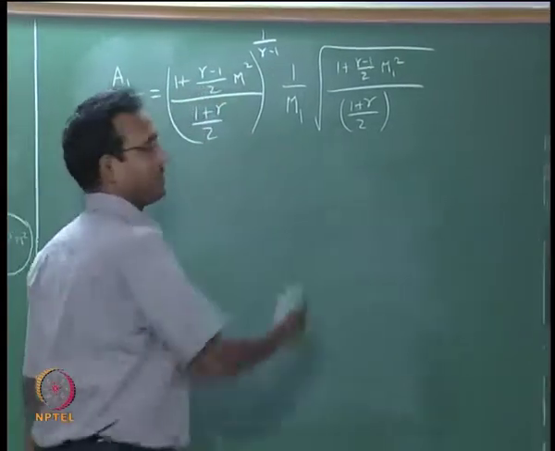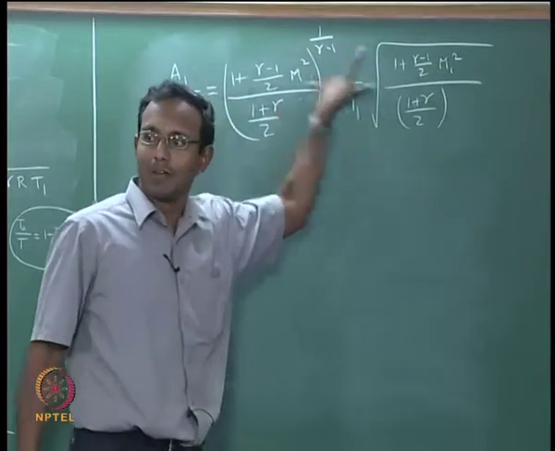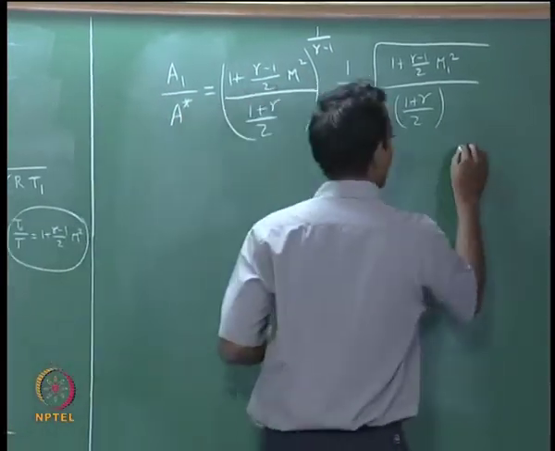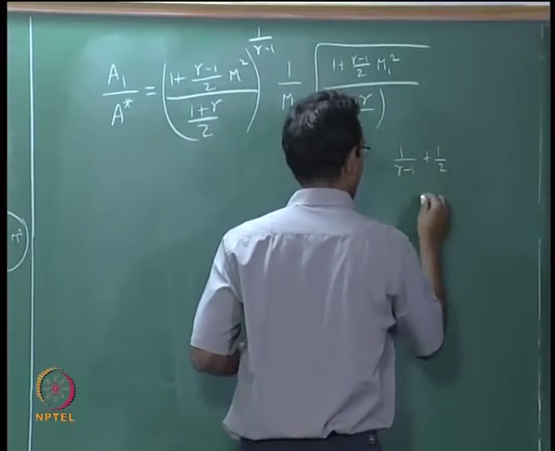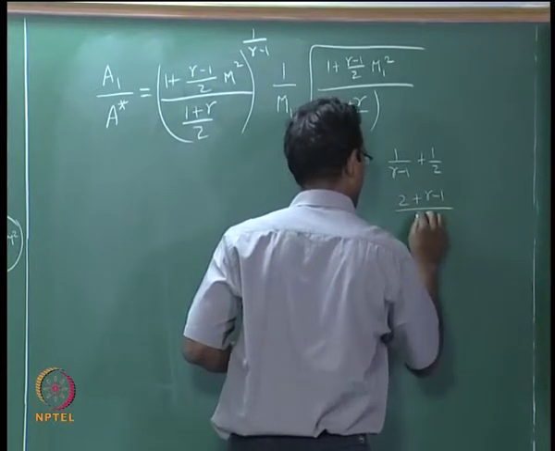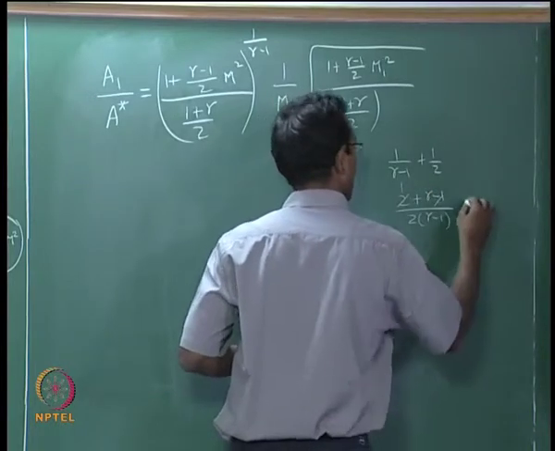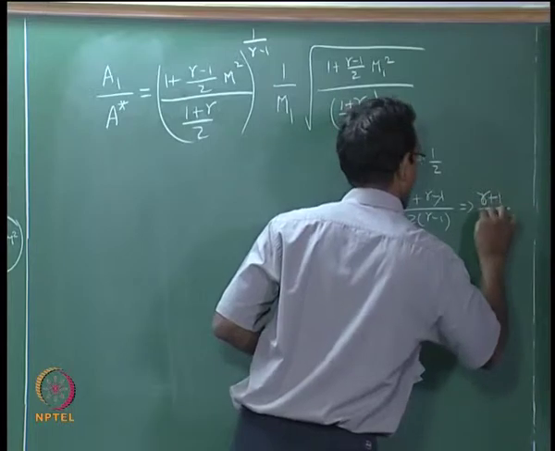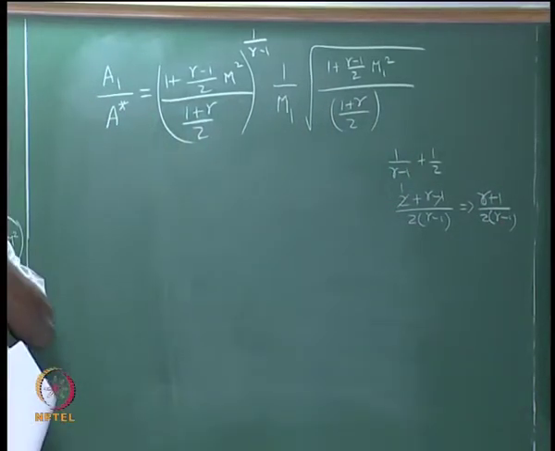Now this and this are exactly the same and they are multiplied, so the powers will be adding. 1 by gamma minus 1 plus 1 by 2 is 2 plus gamma minus 1 by 2 times gamma minus 1, which is gamma plus 1 by 2 times gamma minus 1. This is what it comes out to be.